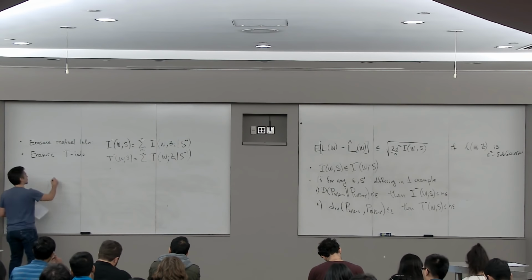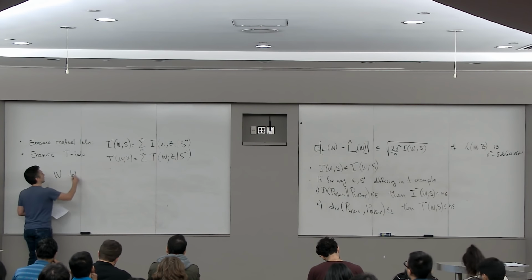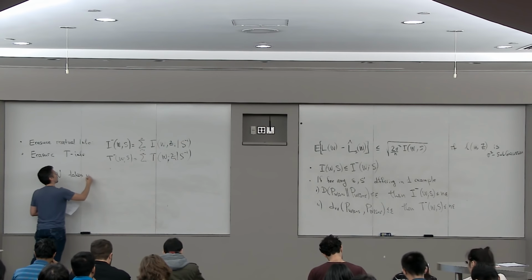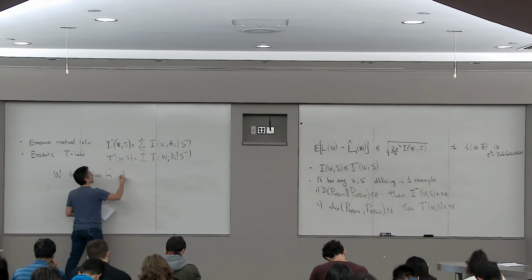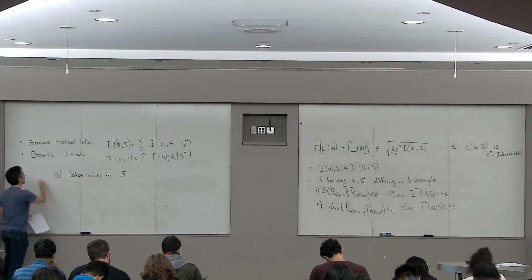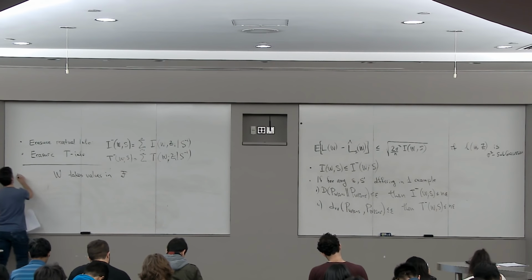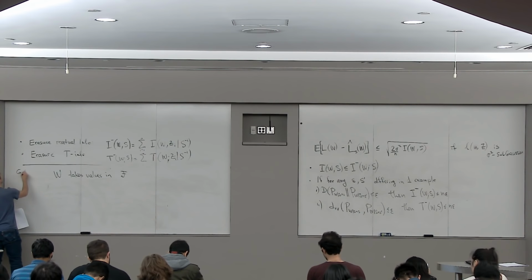Okay, so suppose W takes values in a class of functions F. So this is called a Gibbs algorithm.